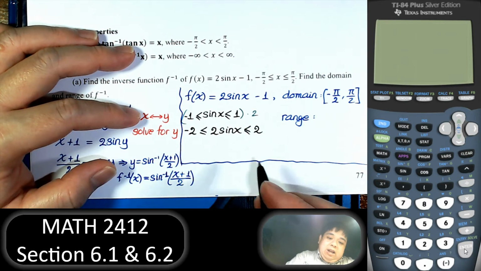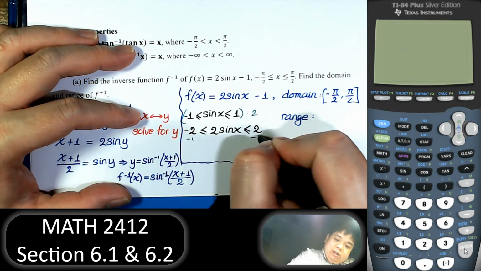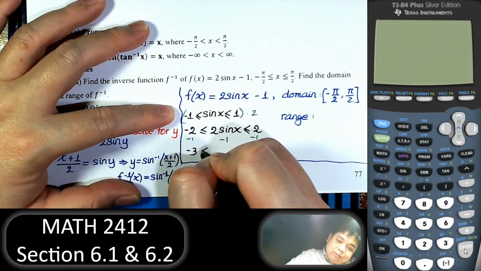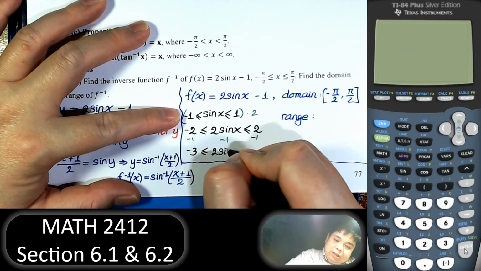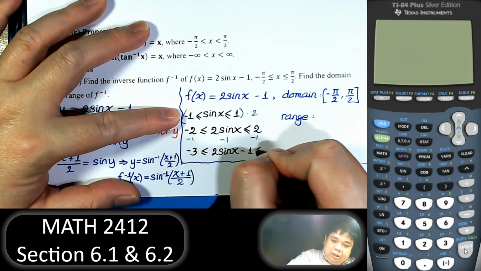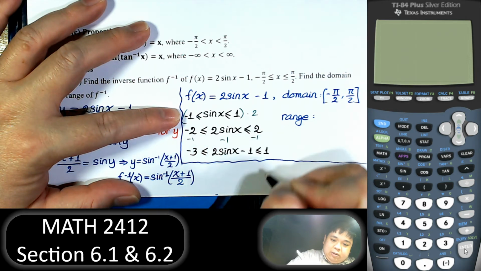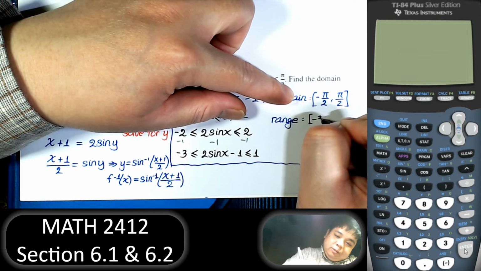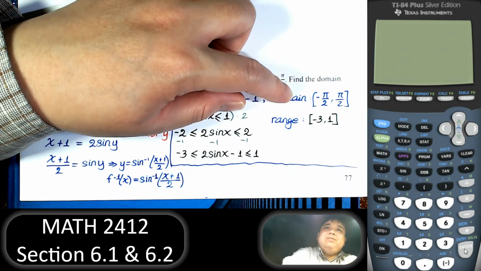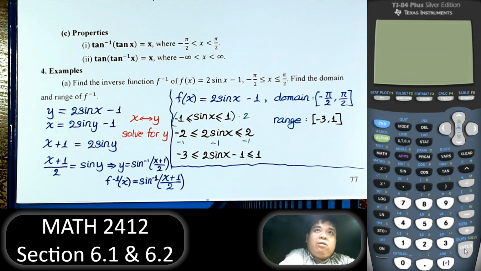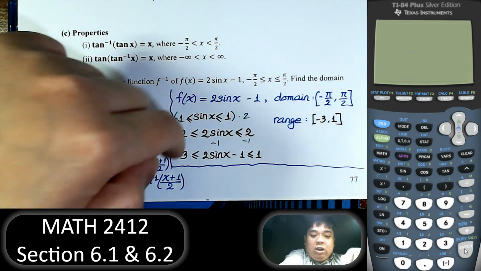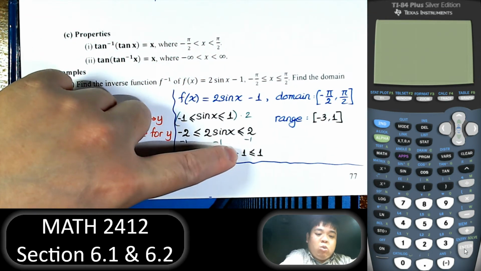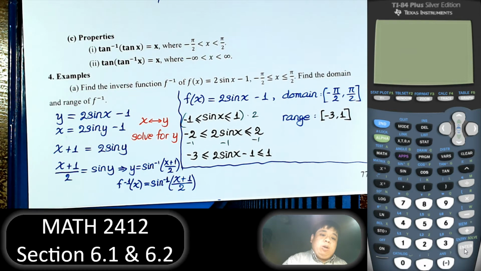And after that we subtract 1 everywhere. So that gives us negative 3 less than or equal to 2 sine x minus 1 less than or equal to 1. So the range for this function is between negative 3 and 1. Simple enough, right? We know sine is between negative 1 and 1, so that's why we can write it like that.